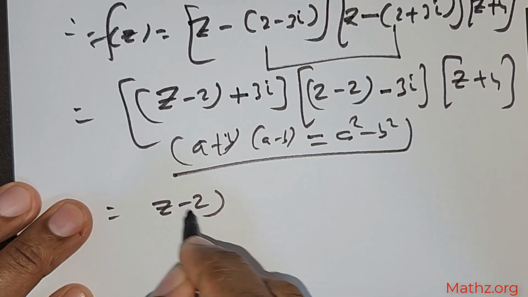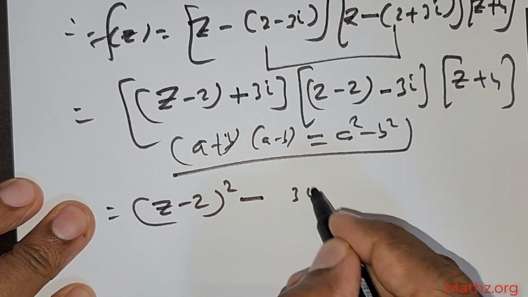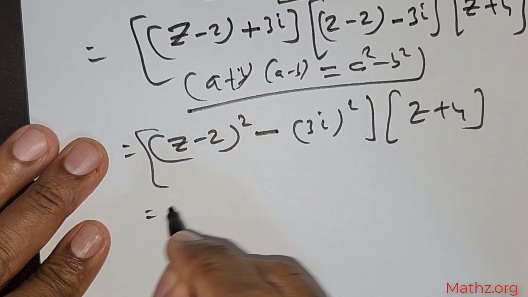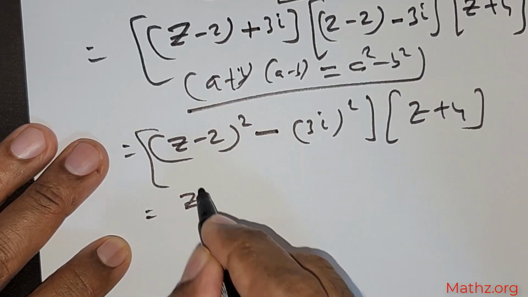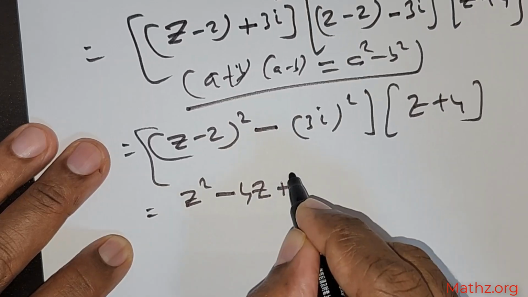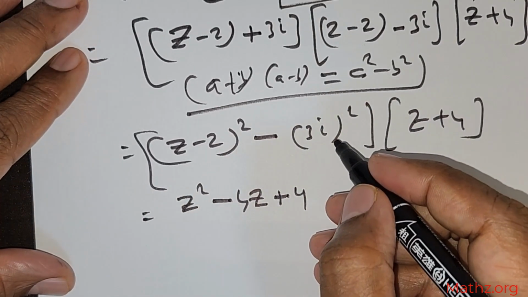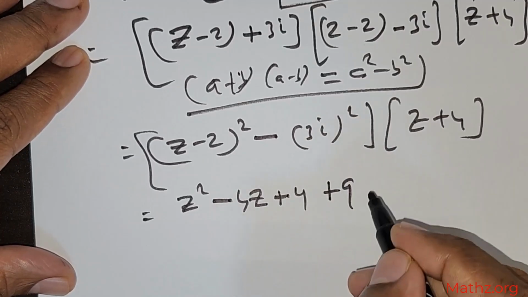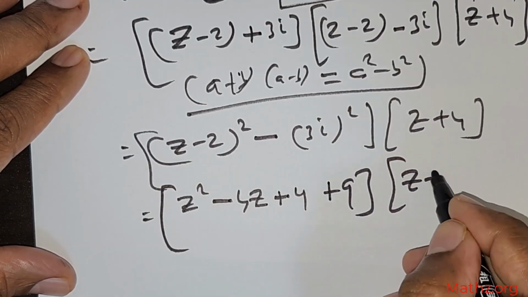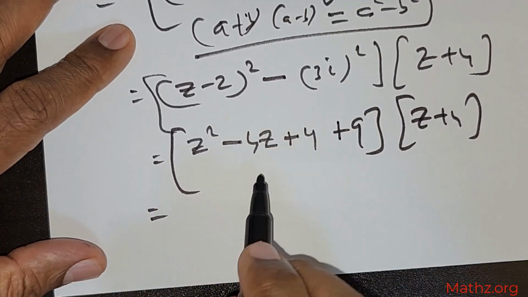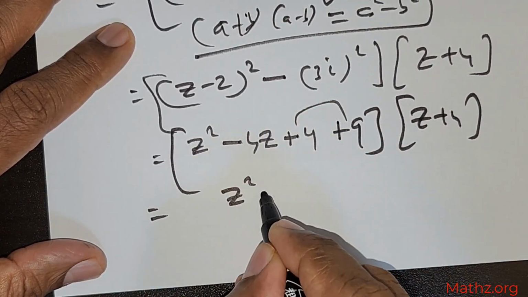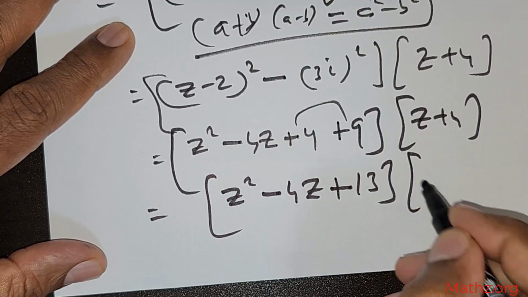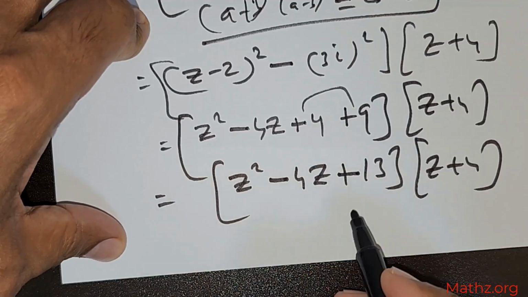So this gives me (z minus 2) squared minus (3i) squared, multiplied with z plus 4. Expanding, this gives z squared minus 4z plus 4. The i squared is negative 1, so this is 9, so it's going to be plus 9, multiplied with z plus 4. You can add these two together, so you get z squared minus 4z plus 13, times z plus 4.